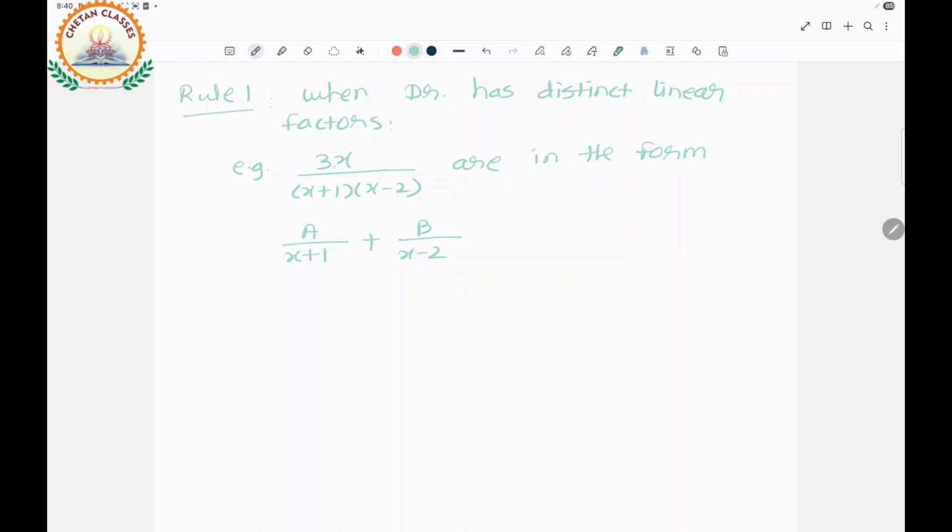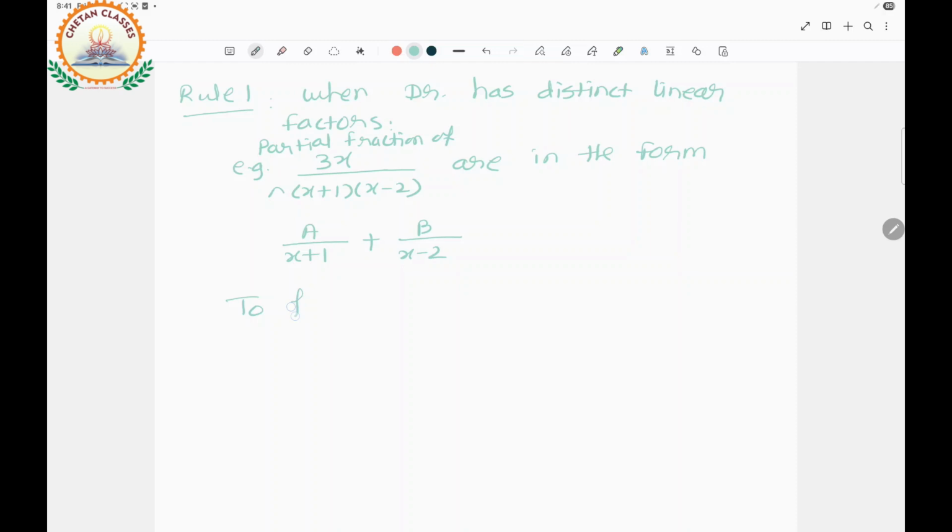Here we have to find partial fractions of 3x upon x plus 1 into x minus 2. So here in denominator x plus 1 and x minus 2 are distinct linear factors. So steps are, first write the question in the form of a upon first factor plus b upon second factor.